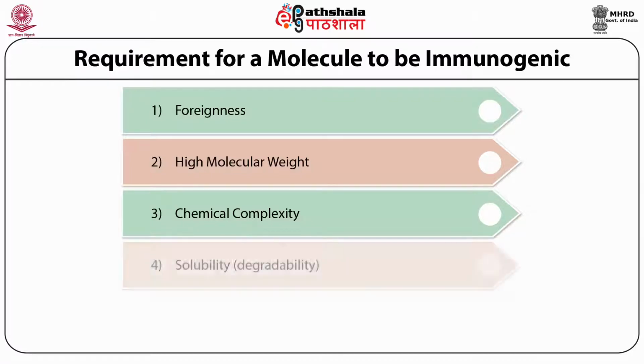And the fourth important one is solubility and degradability. I told you already, the macrophages take up the foreign pathogens by phagocytosis, and they undergo degradation in various compartments of the cell, and finally give rise to various epitopes, and these are called peptides.